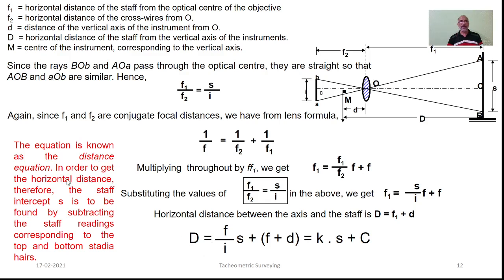So, in order to get the horizontal distance, the staff intercept S needs to be measured, corresponding to the difference between the staff readings at the top and bottom stadia hairs.